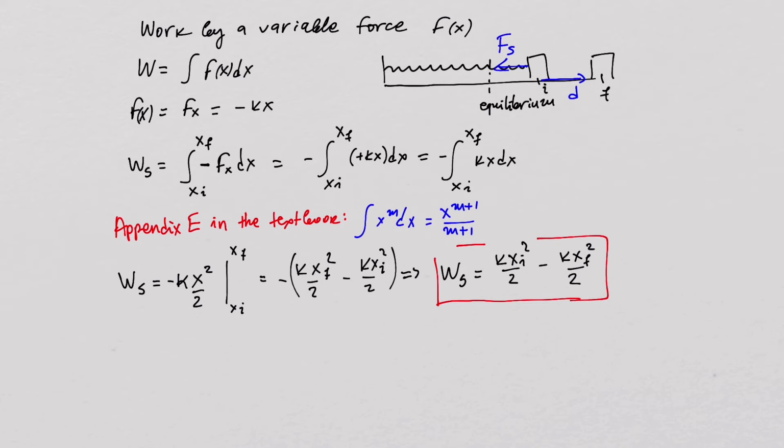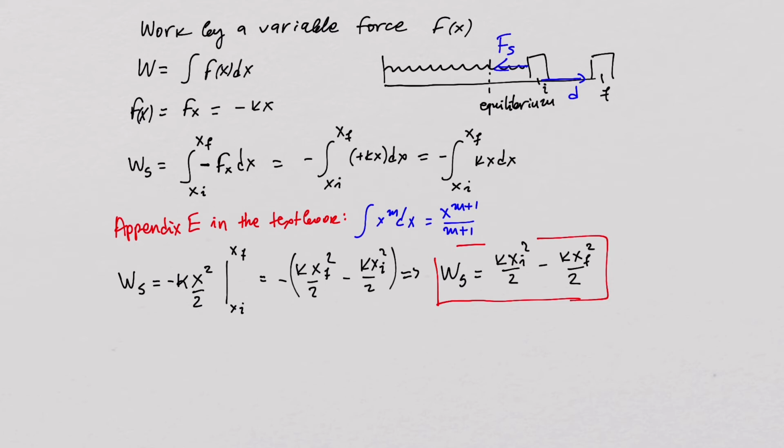And so, to do the integral, I used a rule for integration that is shown in Appendix E in the textbook. And that rule says that the integral of x to the power of m dx is equal to x to the power of m plus 1 divided by m plus 1. So in my example, the power m is equal to 1.